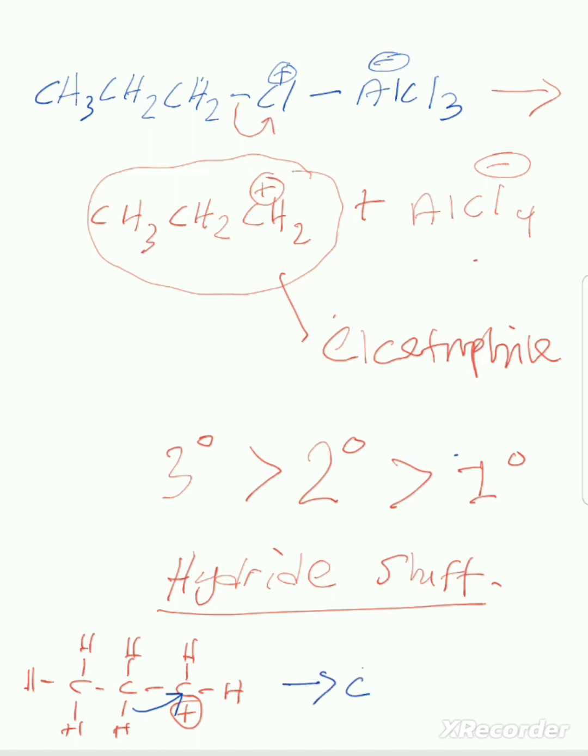We are going to have this. So here there will be a positive charge, then here there is a carbon, then here like this. Have you seen? That is the hydride shift, and it has become stable. Not more stable, but it has become more stable than the one which we had, which is the primary carbocation. But this one is now a secondary carbocation.